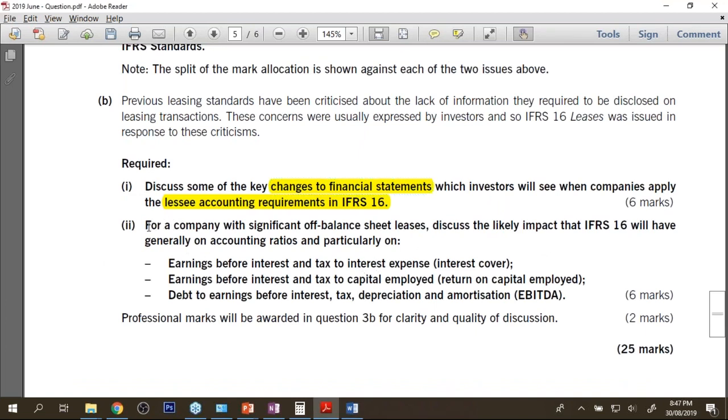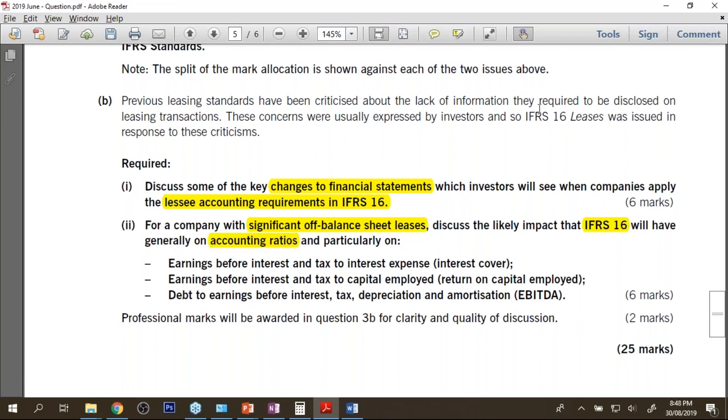Now for part 2, it says for a company with significant off balance sheet leases, which means significant operating leases, discuss the likely impact that IFRS 16 will have generally on accounting ratios.